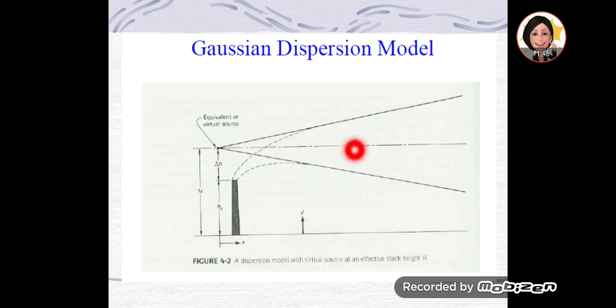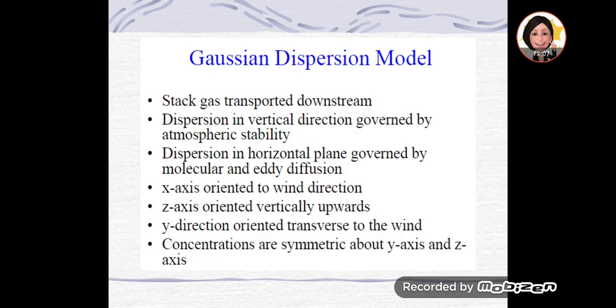This is the middle point, and then it spreads in a Gaussian model. These are the planes that we will consider. You have the Z plane going upwards, then you have the X plane. This is the basis of the Gaussian dispersion model.